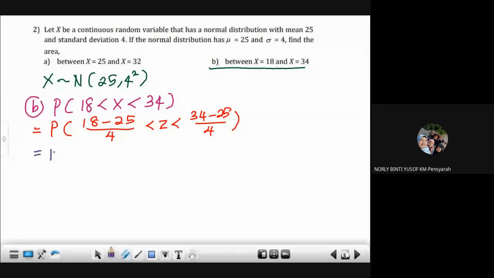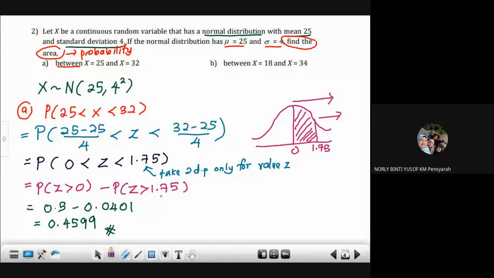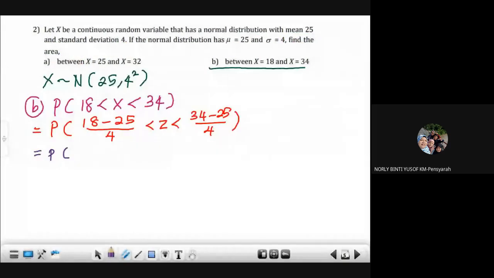Then you calculate. If you get many decimals, we take only 2 decimal places, like what I explained at A. You get a negative, so write negative 1.75, and also Z 2.25. Write the inequality with P in front; P is probability. Do not let the P disappear. That's how you write the probability of Z in the normal distribution.